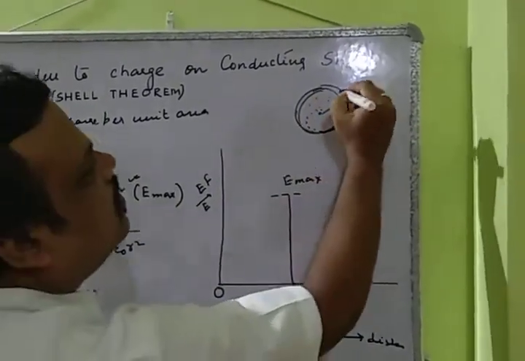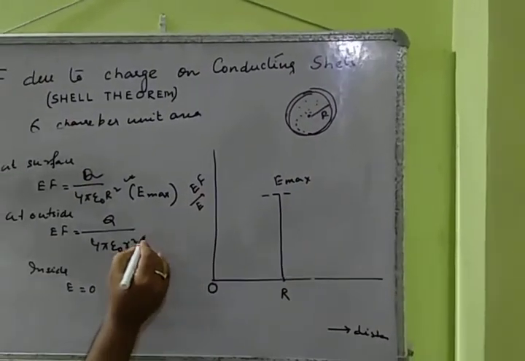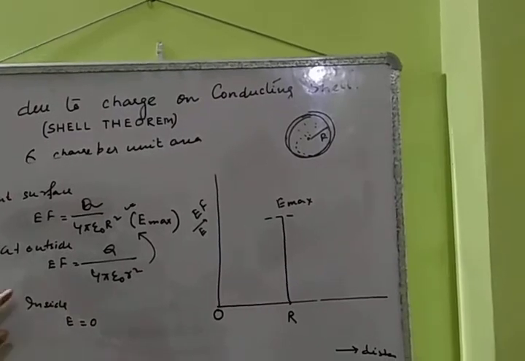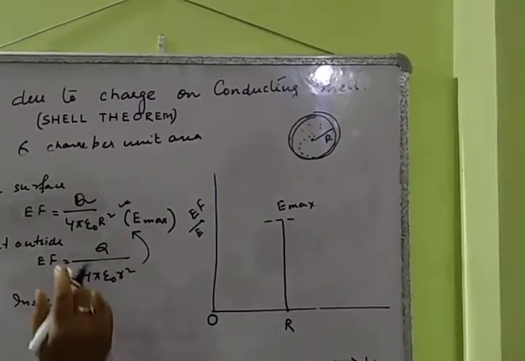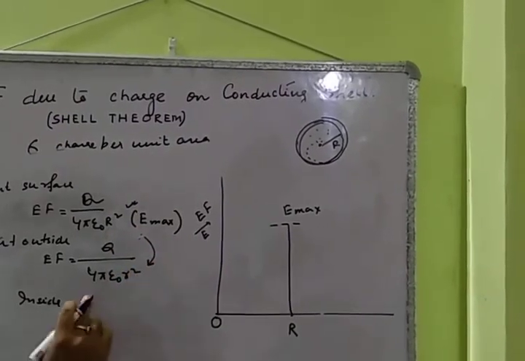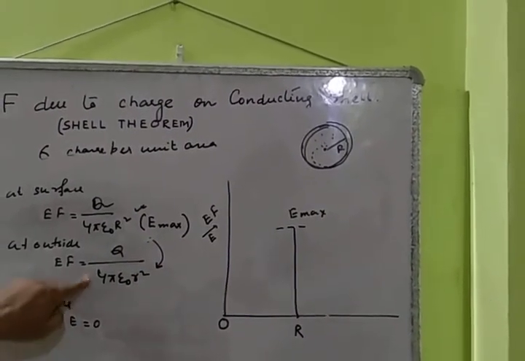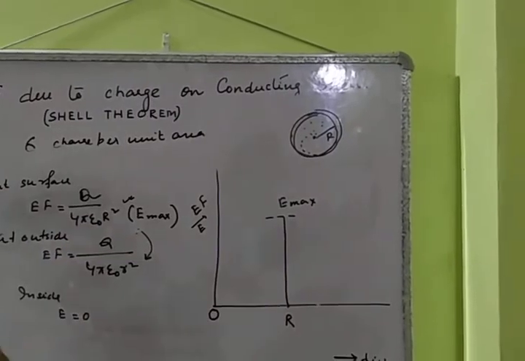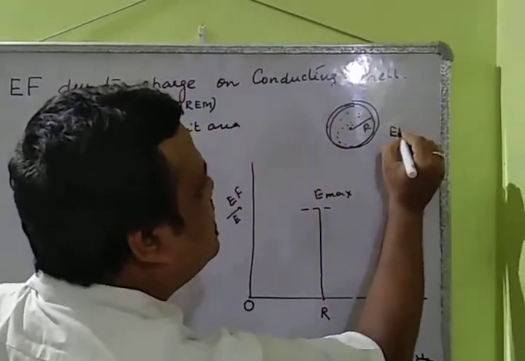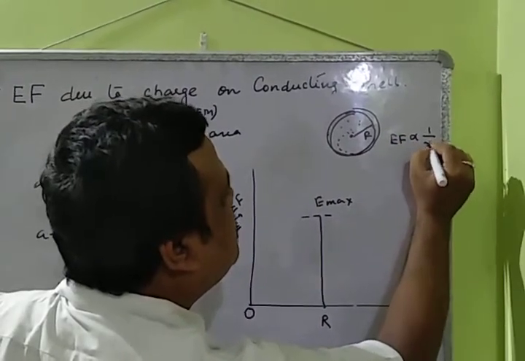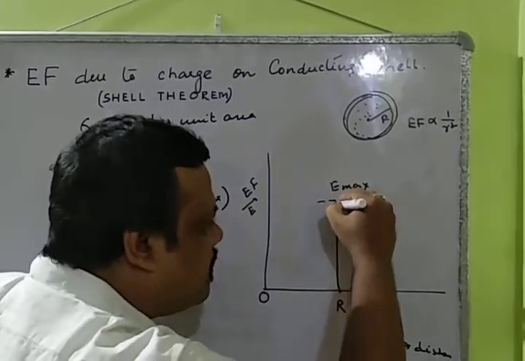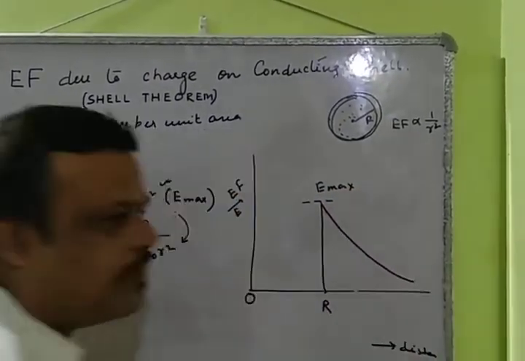When we go from the surface to the outside, the electric field decreases, but it does not decrease linearly. Why? Because the electric field is inversely proportional to the square of the distance. So it is not linear, it will look like this.